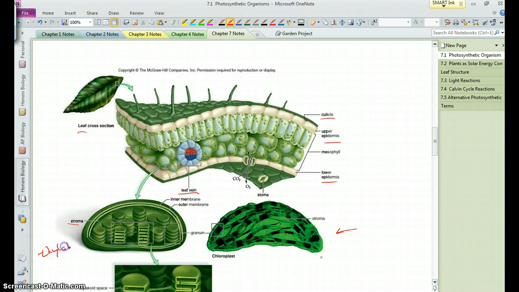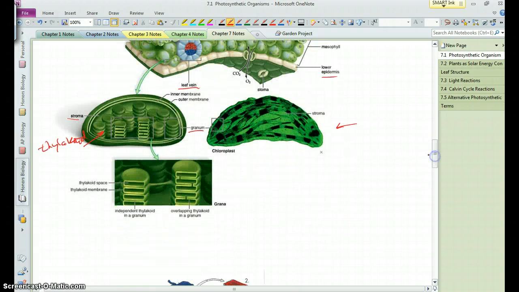The thylakoid is arranged in these sort of like coins stacked up, known as granum. And you can see the cutaway of the thylakoid membrane here, and so there's a space inside there. There are some connections between the different stacks of granum.